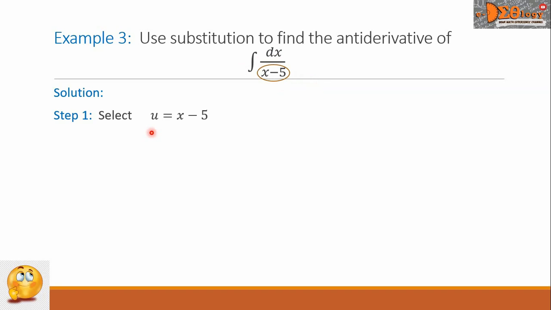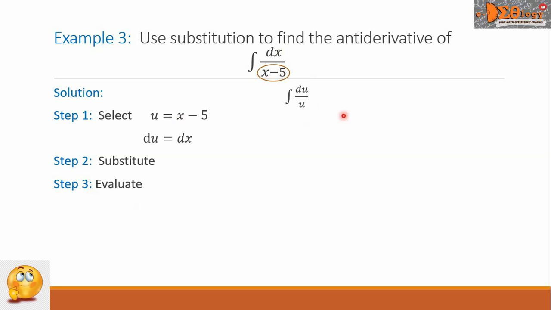And then let us take the derivative of this equation. So du equals dx. Step 2, let us now substitute the values of step 1 to our integral. So the integral of this dx now becomes du over the x minus 5 becomes u.